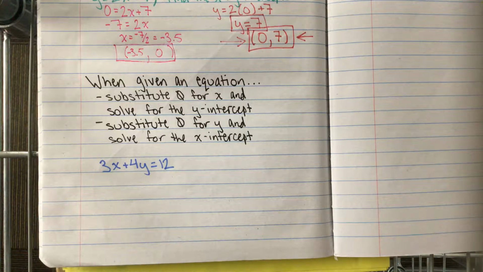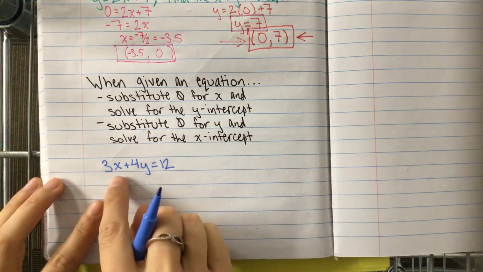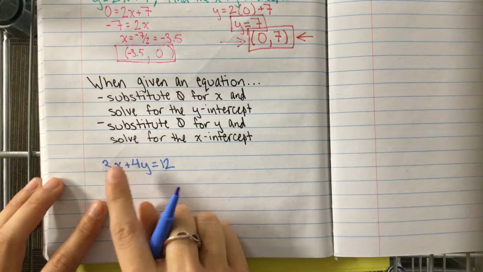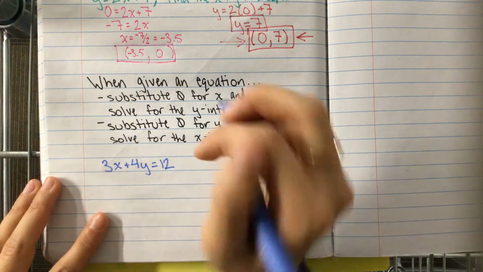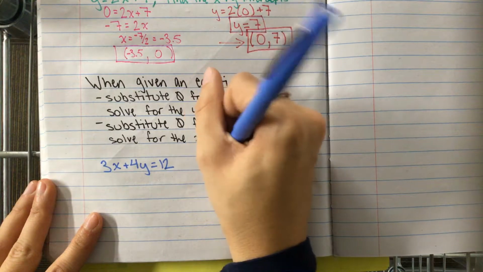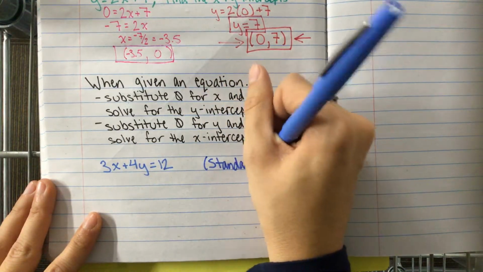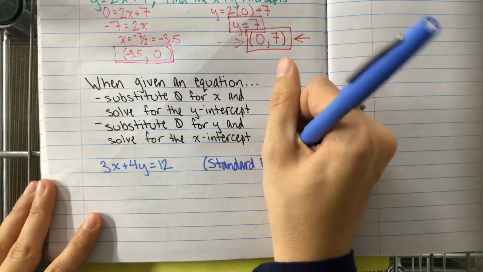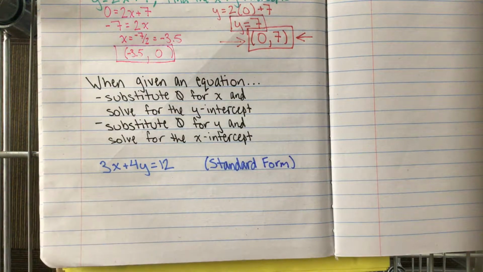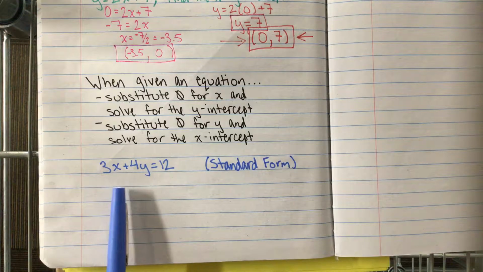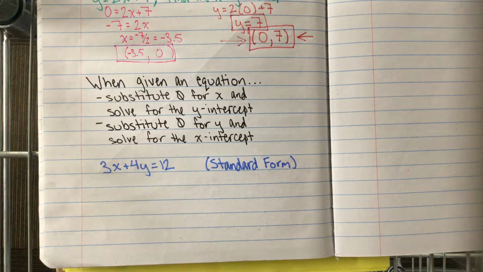When the variables are on the same side, when it looks like ax plus by equals c, this is called standard form. So 3x plus 4y equals 12 is in standard form.